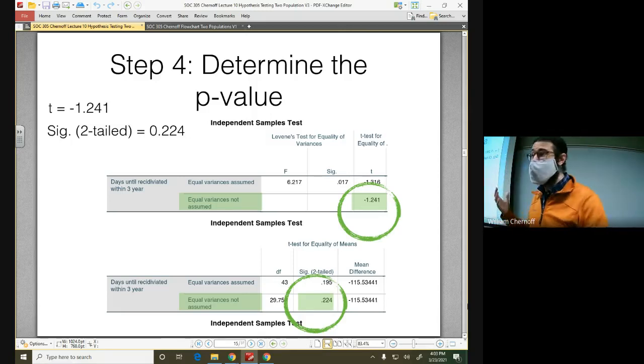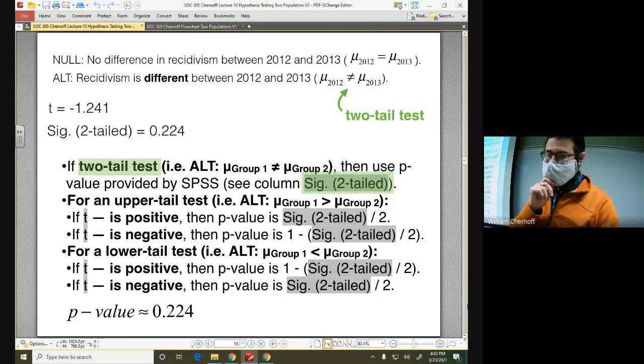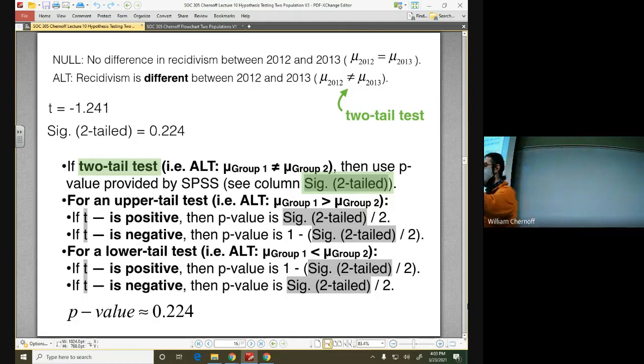We need to go to our flowchart. When we go to our flowchart, we need 3 things to find the correct p-value. One, we need to know what our alternative hypothesis is. Two, we need that t statistic. And three, we need that SIG two-tailed value provided by SPSS.